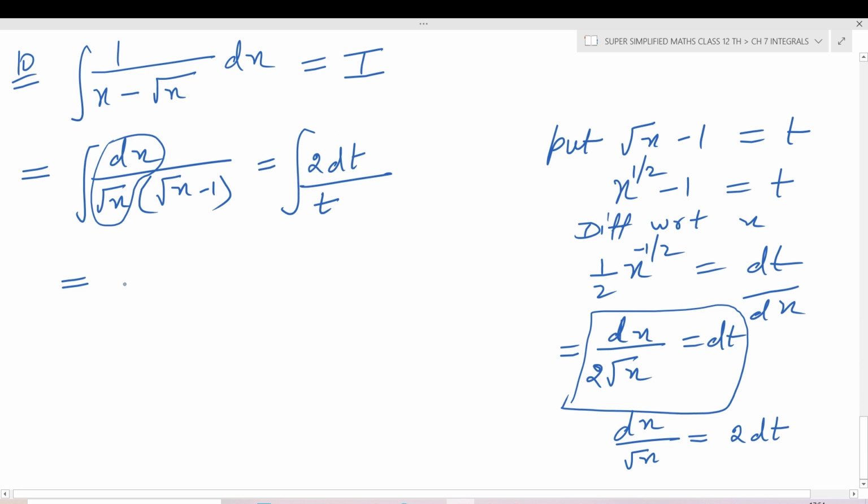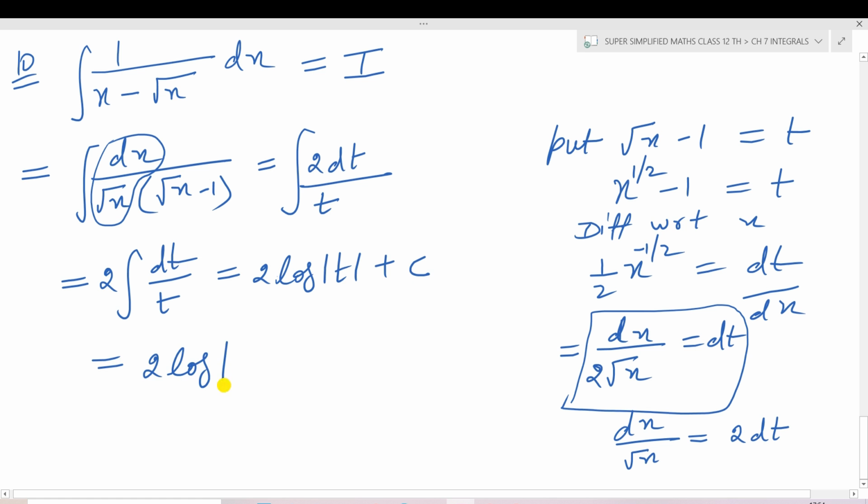So now I can take this 2 outside the integral sign. So I have dt upon t, which is equal to, its integral of 1 by t is going to be log mod t. So now after this I will substitute back t to be root x minus 1 plus a constant of integration, and this is your answer.